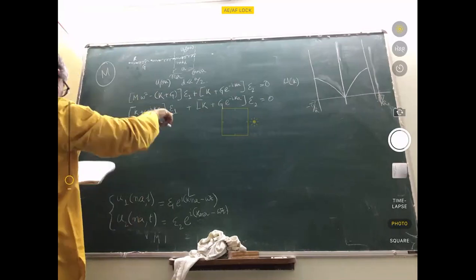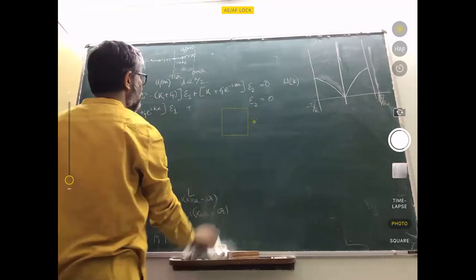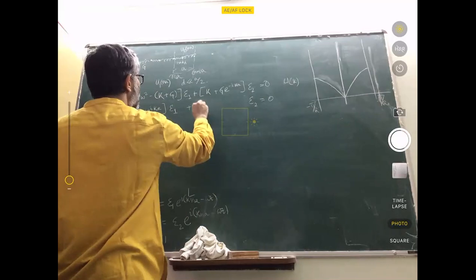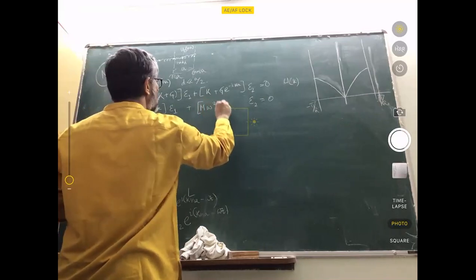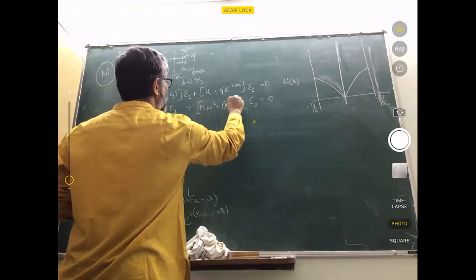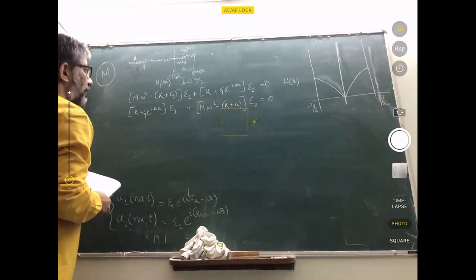Did I make a mistake? Yeah, I made a mistake. Sorry, this has to be different. So this will be in omega squared minus... Yeah, that was a mistake.